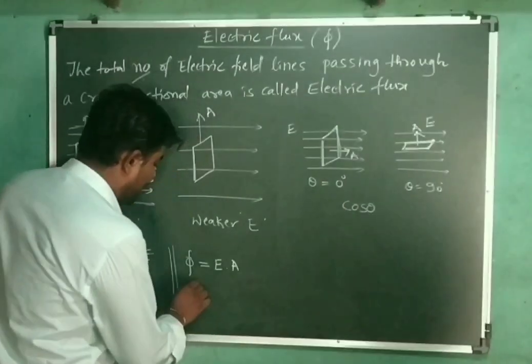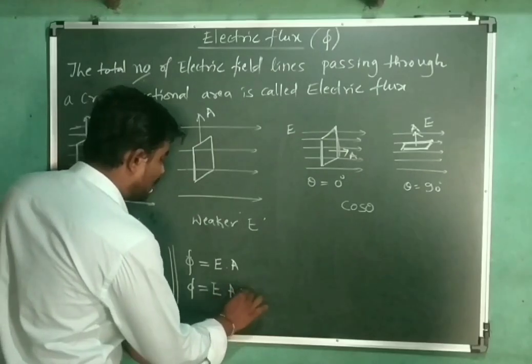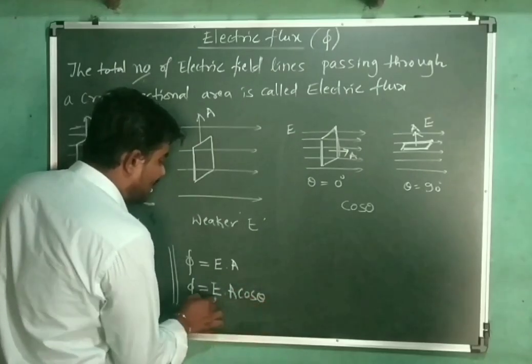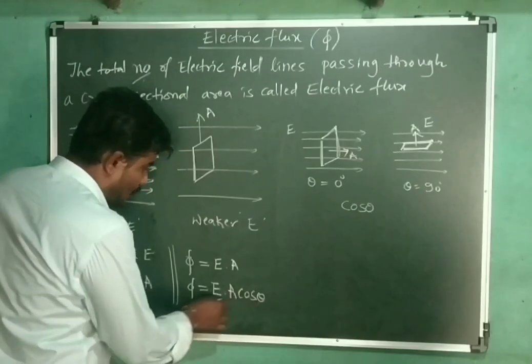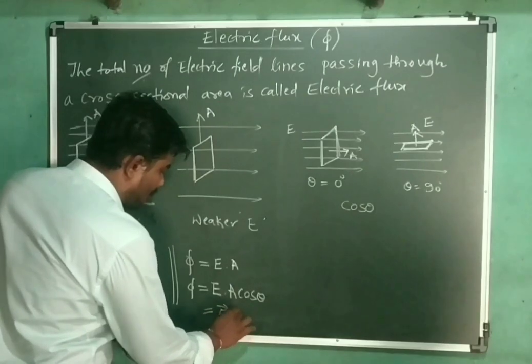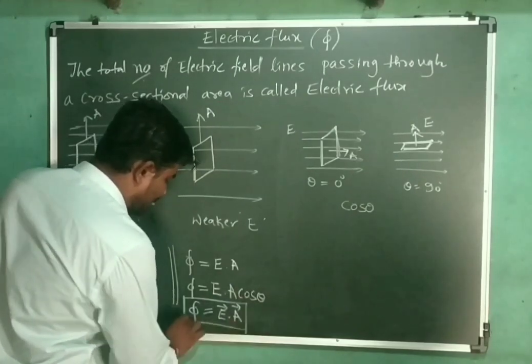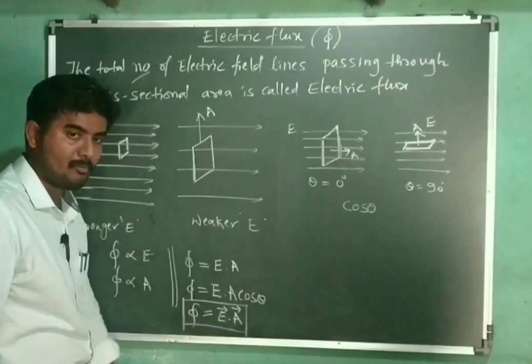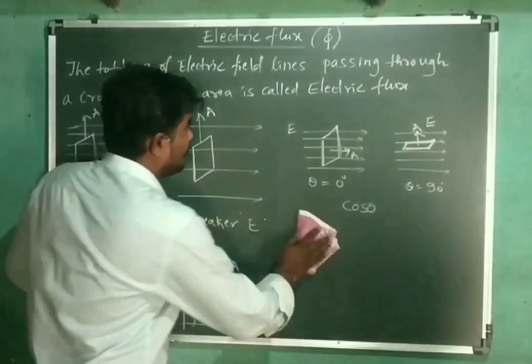Therefore I can write phi is equal to E A cos theta, where theta is the angle between E and A. Or, since cos theta is there, I can write it as vector E dot vector A. This is the vector form of flux, and this is the magnitude form of flux.